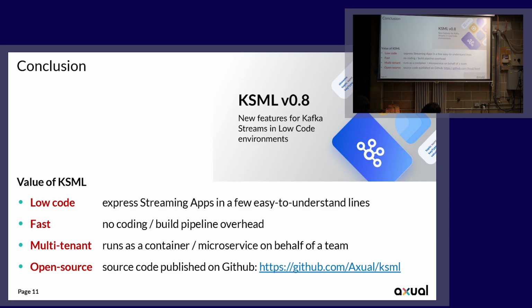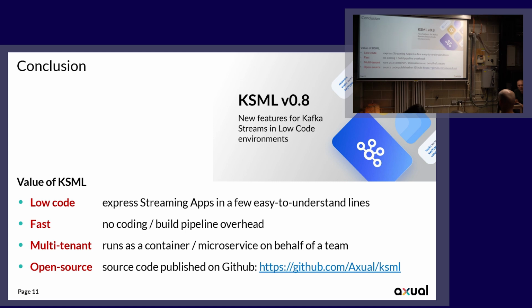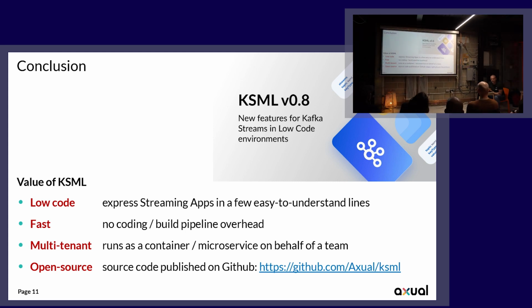So in summary, well, we started out with this KSML thing as an experiment, but it has proven to be quite powerful already. It's really low code to allow you to express streaming applications in a few easy to understand lines of YAML and Python. It's fast. I mean, if we would have done this demo scenario with real Java applications, it would have taken us weeks, maybe months.